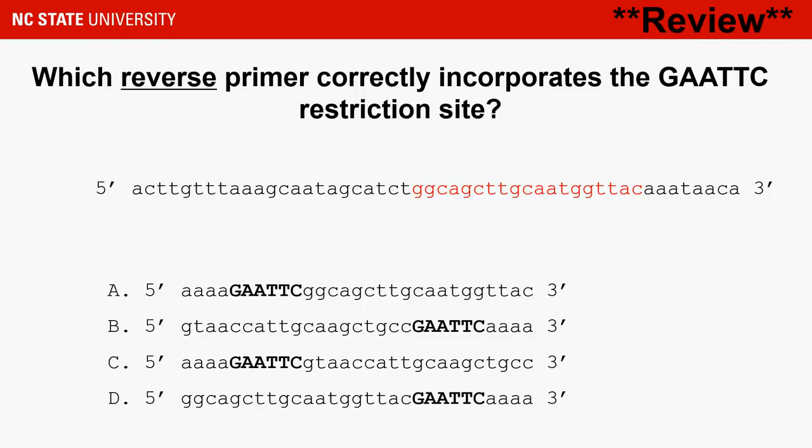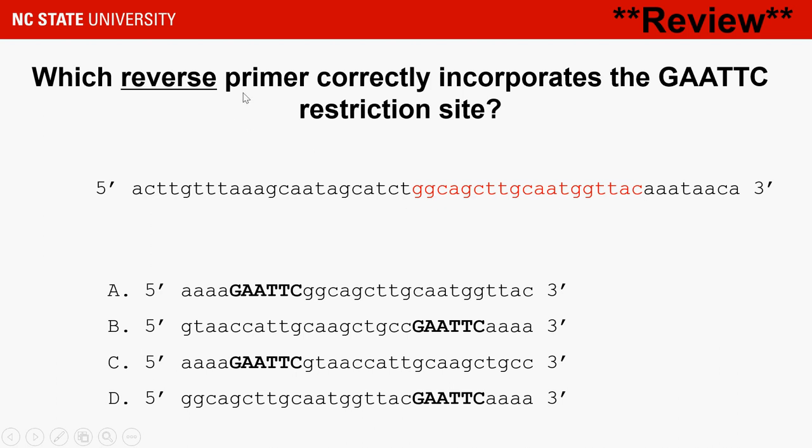Before we dive into cell culture, let's briefly review what we learned last week, which is primer design. Let's review that by looking at a question. Assume that you have a sense sequence that you write from 5' to 3' here. In this region that you have highlighted here, this is the region where you want to design your reverse primer.